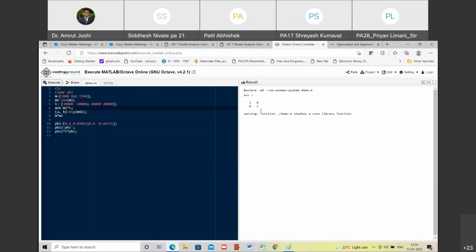So let me check if that calculation is also correct. Is the value of k correct? We have written k correctly: 30,000, minus 20,000, minus 20,000, plus 20,000. That is also correct. So okay, let us go ahead and see what happens. So phi transpose k phi, how much did I get? After execution, I get phi transpose k phi as 44000.